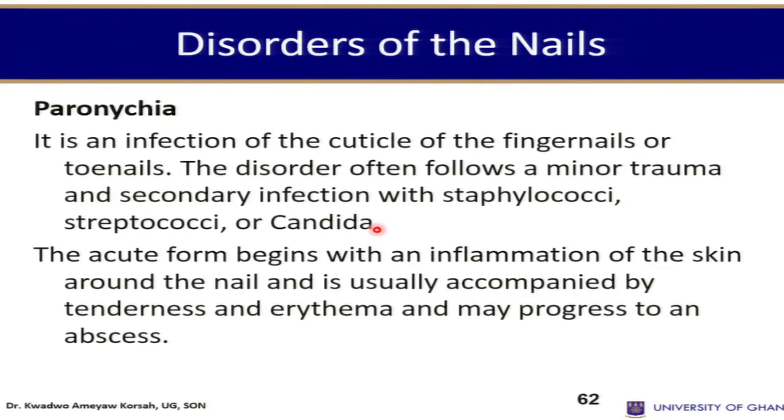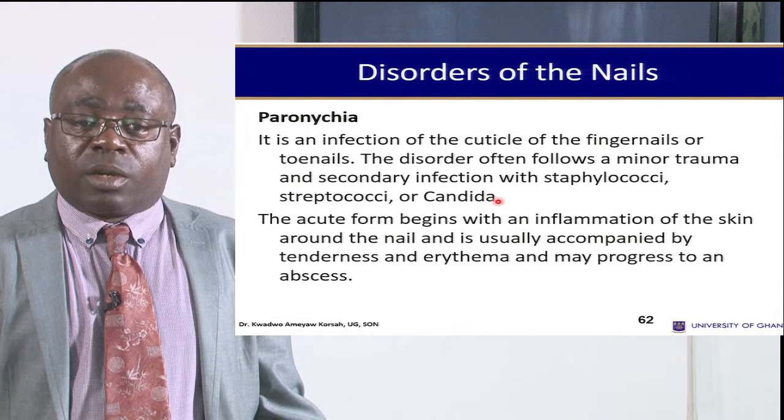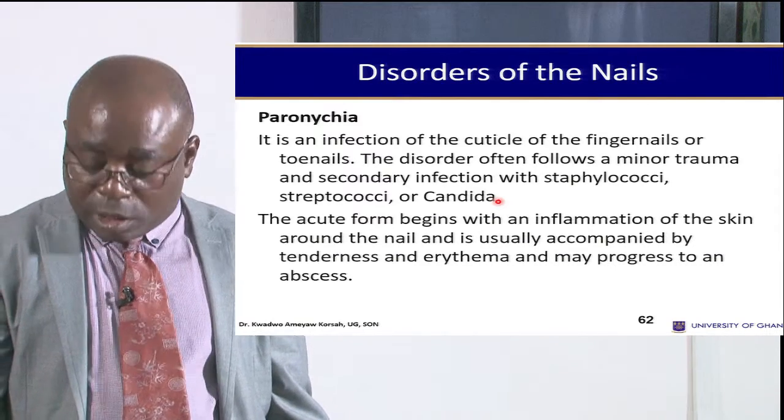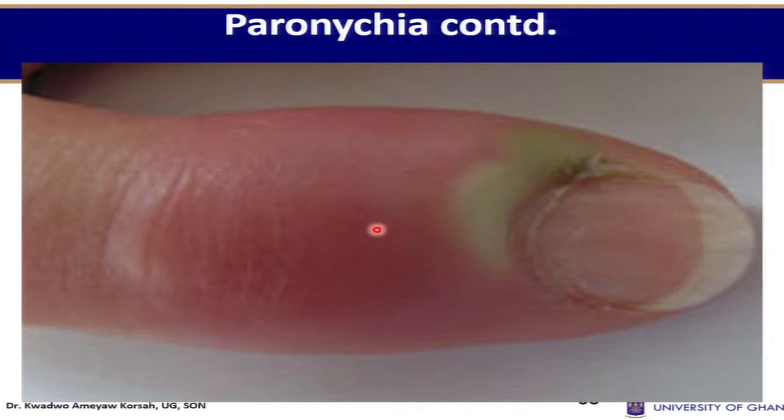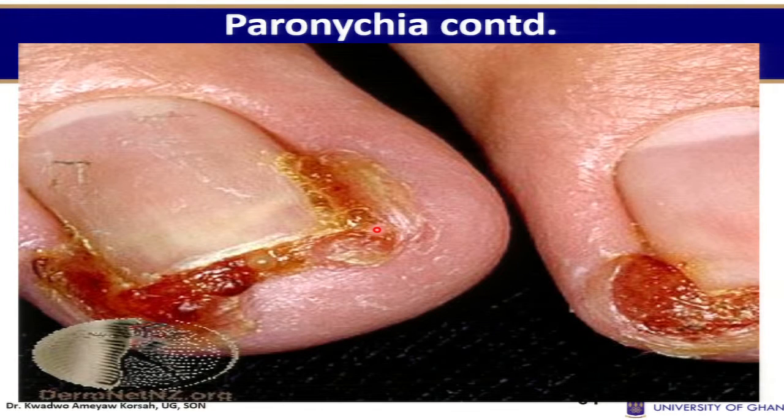I will ask you to go through Paronychia, which is the disorder of the nail. I have provided you with the picture, and here we have already mentioned that in some cases this is common among patients or clients who do a lot of washing with their hands, and this can be superimposed by other microorganisms, and these are common ones that you can see over here.